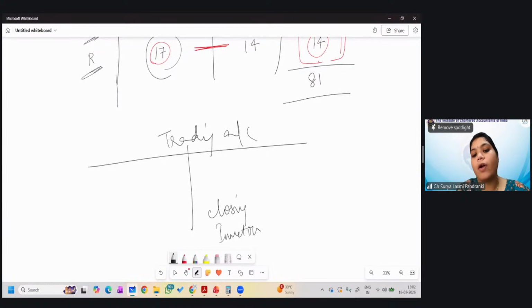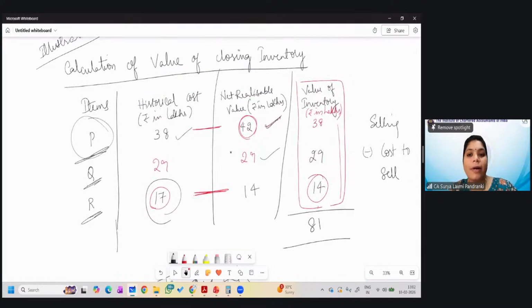In this closing inventory, what is the value that I have to show? I don't know the value of closing stock, because closing stock comes after the opening inventory, purchases, sales, and every adjustment is done. Then whatever is left is closing inventory. What should be the value that I have to take? That is nothing but this value. You will have to take 81.